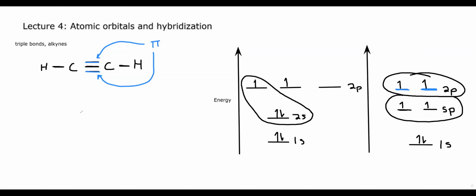Okay, so if we look at this carbon right here, this carbon is making bonds using an sp orbital in this direction, an sp orbital in this direction, and then it's making double and triple bonds up here with its p orbitals.